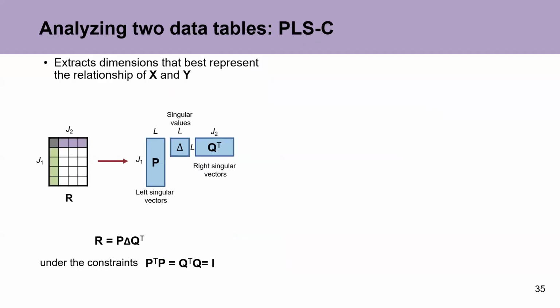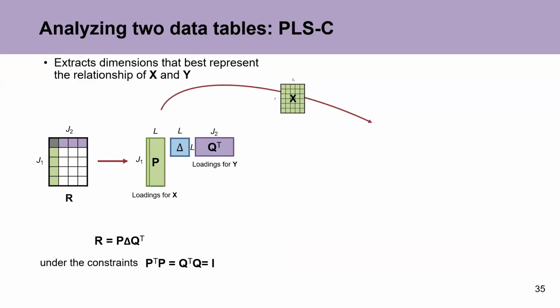So this is where I'm showing how it's computing. I have my loadings for X now in P and my loadings for Y in Q. I take the first set of loadings, multiply by my original table to get my latent variable, and that's my x-axis here.